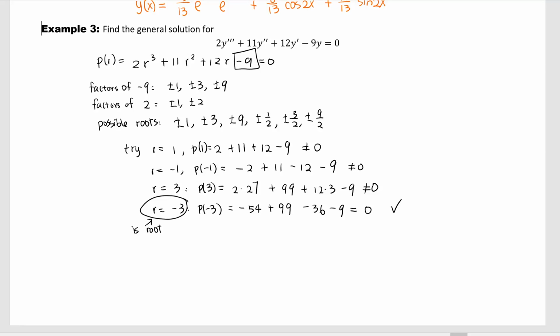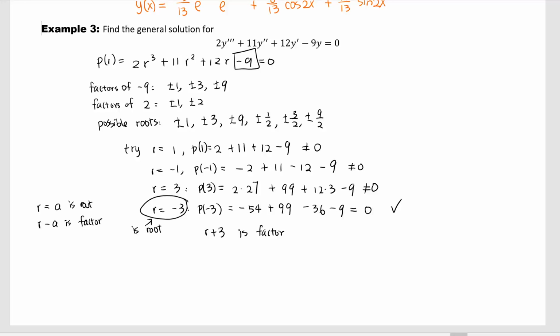Then we know r plus 3 is a factor. Whenever you see r equals a is a root, it means r minus a is a factor.